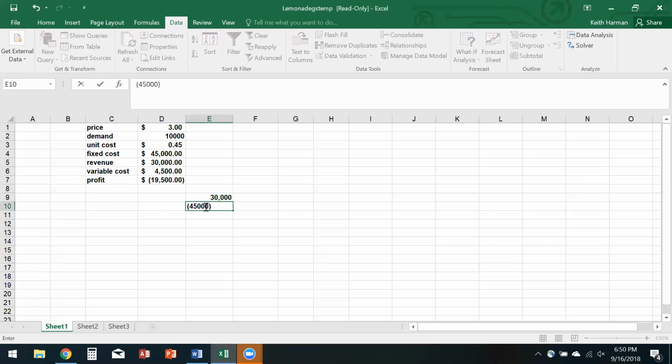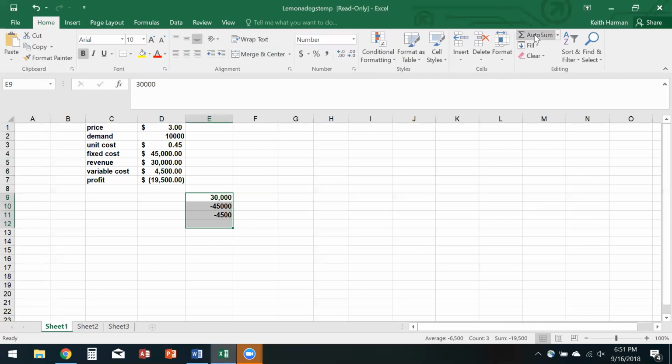I'm putting it in to make that subtracted. And then we've got the variable cost of $4,500. All right, and there we are. Now we'll do the sum. Click home. There's negative 19,500. They maybe could have named these a little bit better.